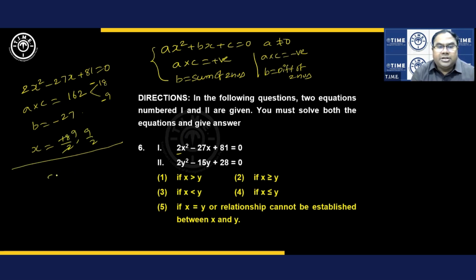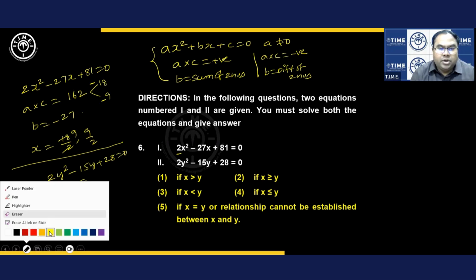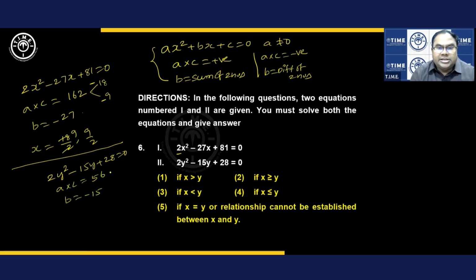Let me take the second equation. 2y square minus 15y plus 28 is equal to 0. A into c is 56. Sorry, 2 into 28 is 56. What is my b value? Minus 15. So a into c positive, write b as sum of two numbers. I can write 56 as 7 into 8.